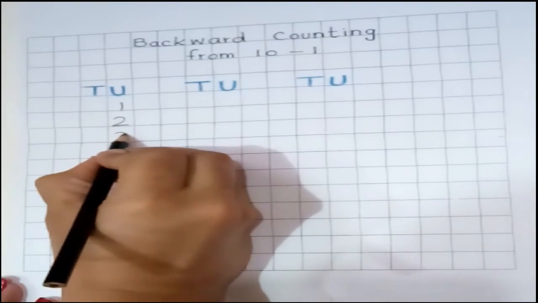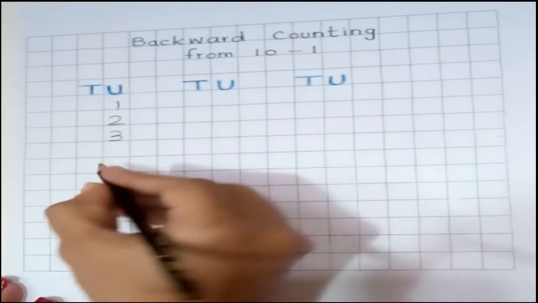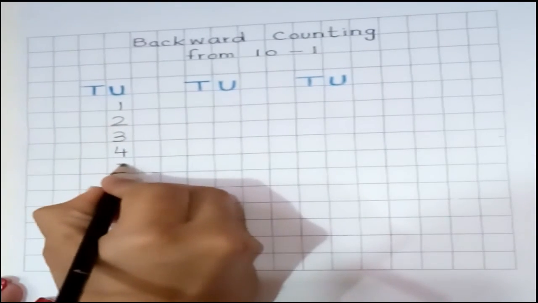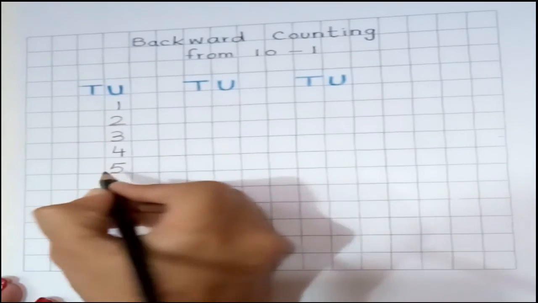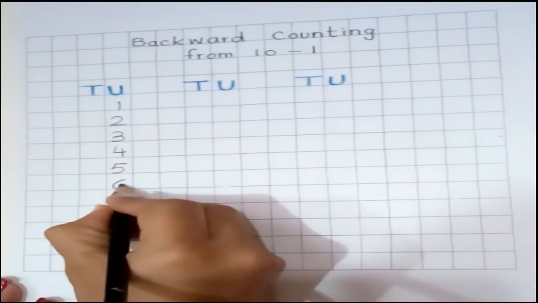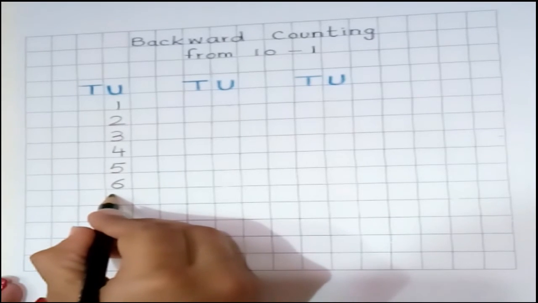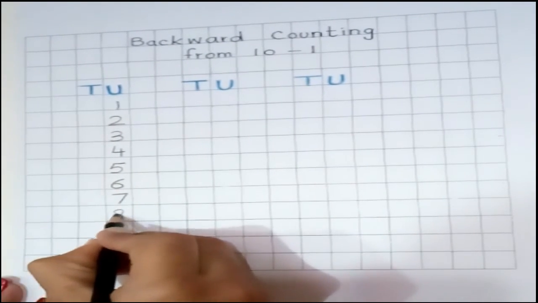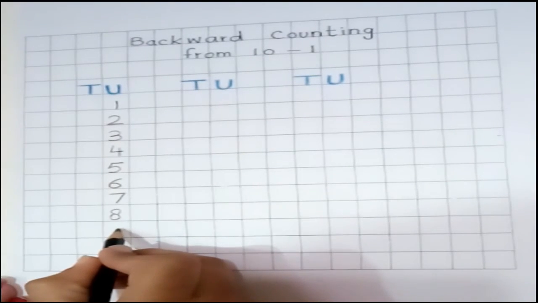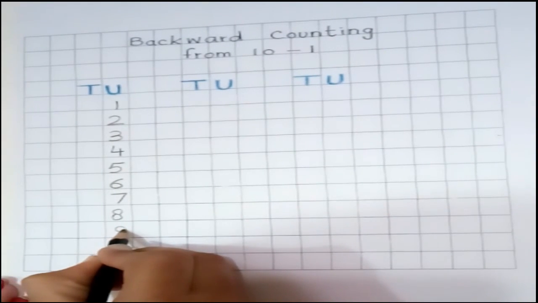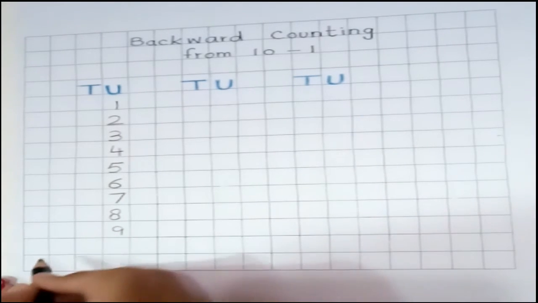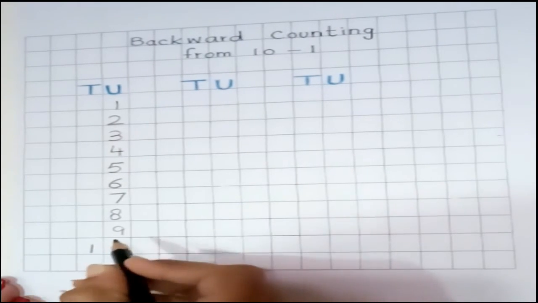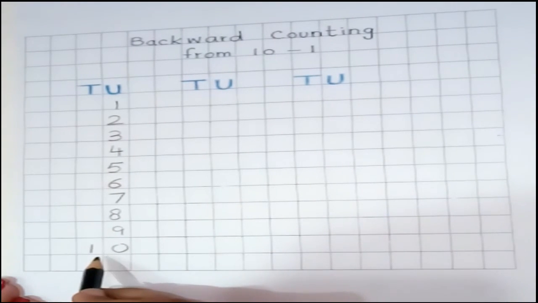Next is 3. Then 4. Next is 5. Then 6. Next is 7. Then 8. Next is 9. And the last is 1, 0, 10. 10 is a double number.